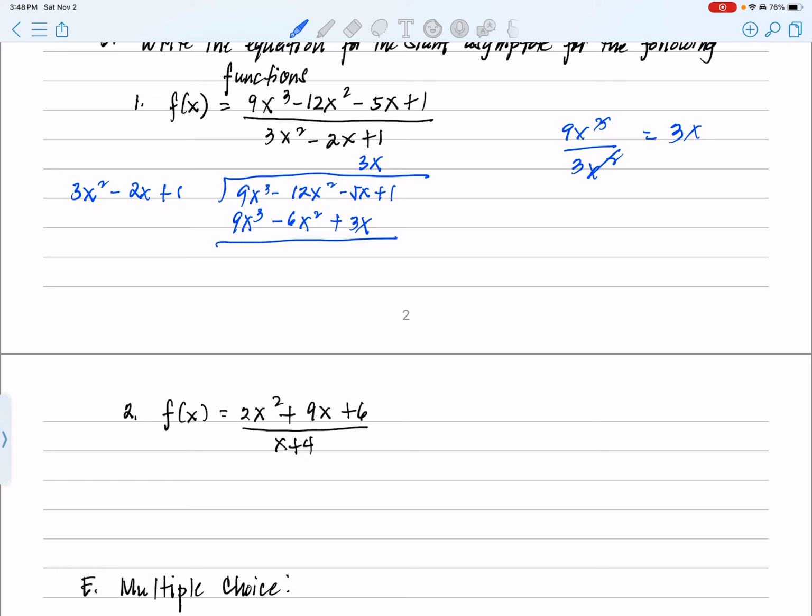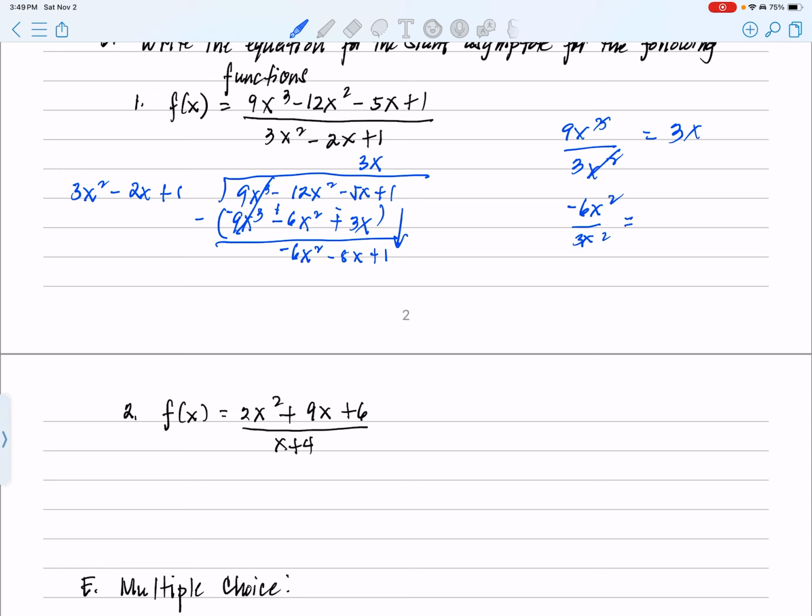Okay, subtract, change sign, cancel out. Negative 12 plus 6 is negative 6x squared, minus 8x, bring down 1, plus 1. Then let's make a trial of negative 6x squared divided by 3x squared.